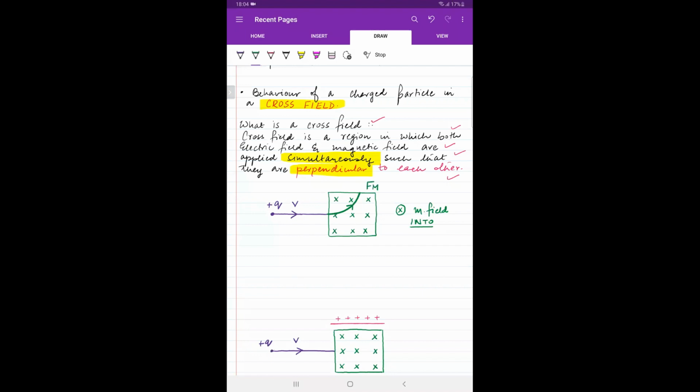I'll write Fm, and in words, upwards. So this is one field at a time.